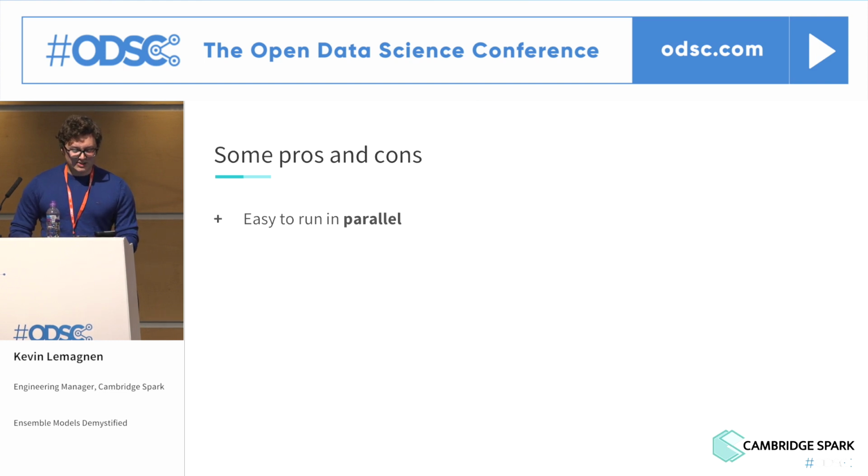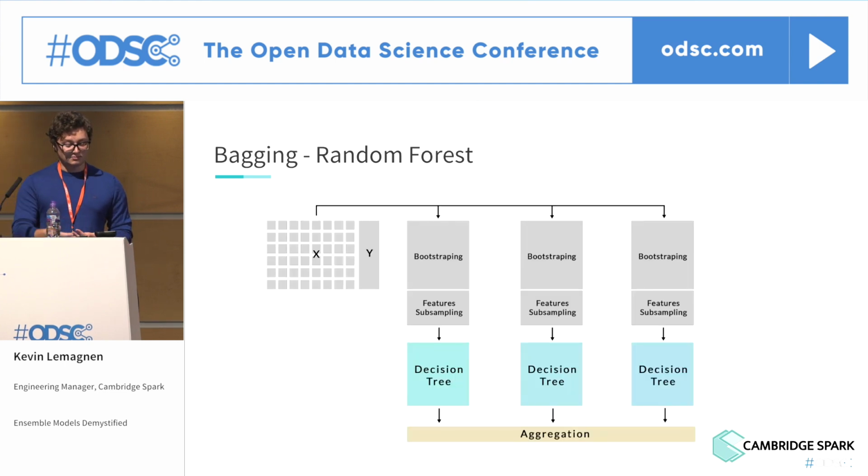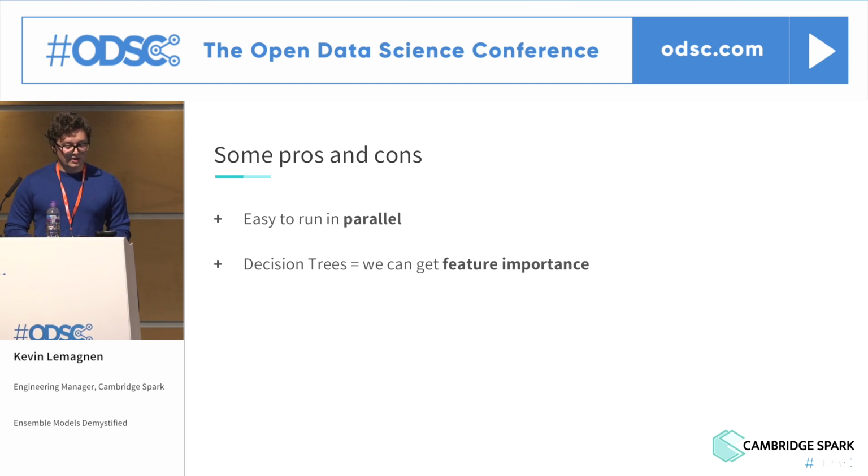Some pros and cons. This algorithm is pretty good in terms of implementation because you can run everything in parallel here. From building the data sets to training the decision trees, everything can be run on a different CPU on your computer, so that makes it quite fast to train.